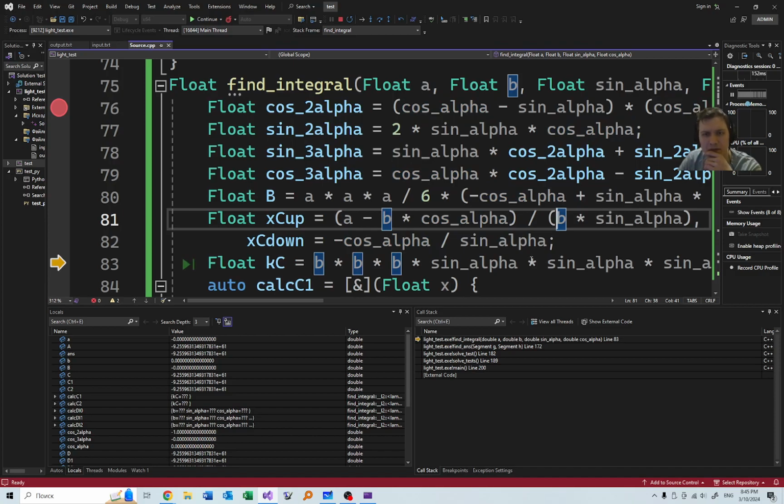Why do we divide by b? We shouldn't divide by b is 0? No, it's not okay.